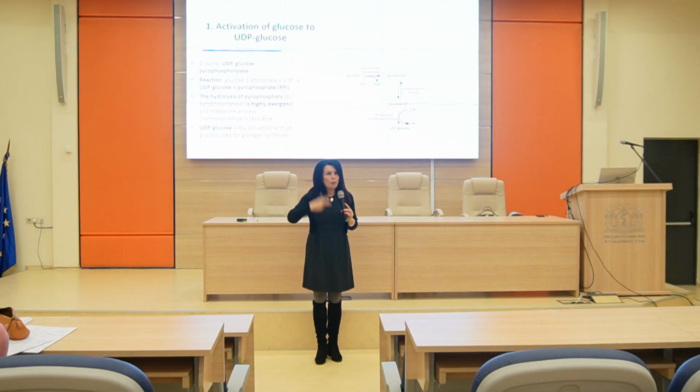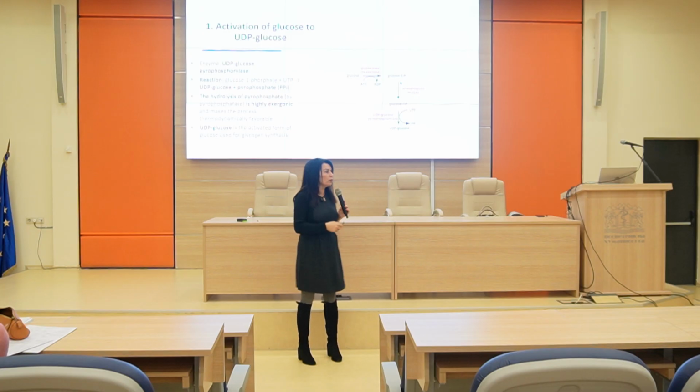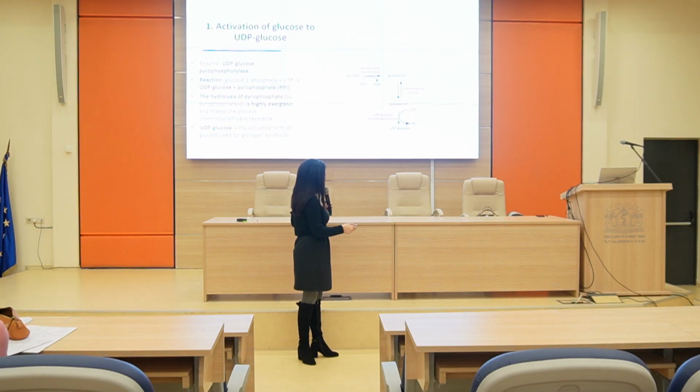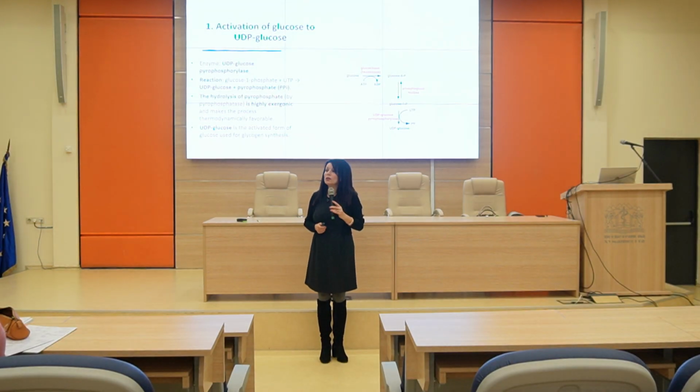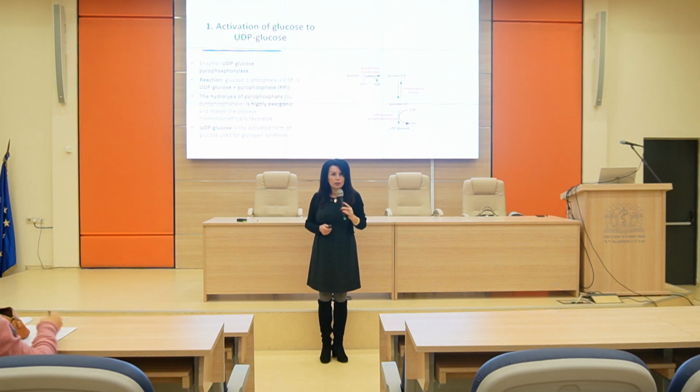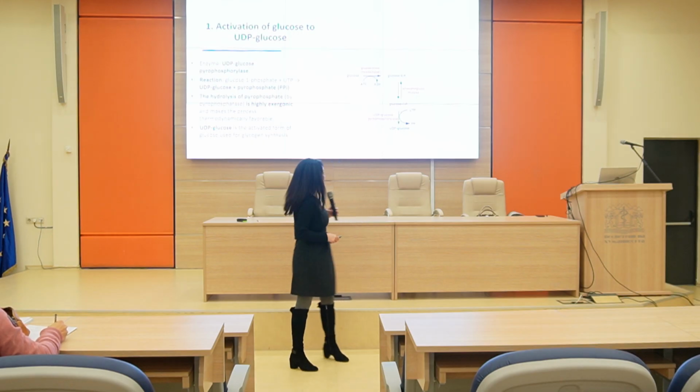This is the double step activation. Why? Because first we lose 1 ATP, and second we lose 1 UTP. We lose 2 molecules for the formation of this more active substrate called UDP glucose. That's why when we ask which is the substrate for glycogen synthesis, okay, it's glucose, but the active form is UDP glucose. This is the real substrate for glycogen synthesis.